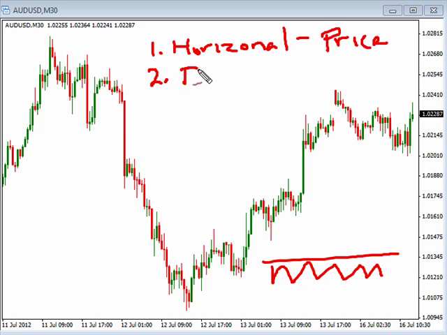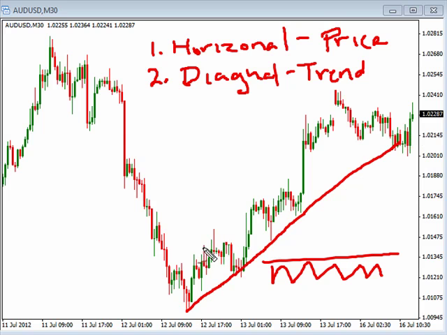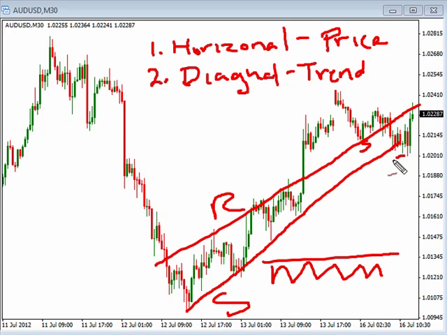The second type is diagonal, or trending, support or resistance. And that's what we see here, where we have a little bit of trending support or resistance, where resistance acted as support here, and support acting as support in this area here.